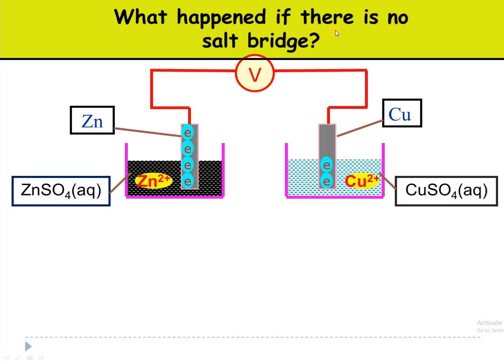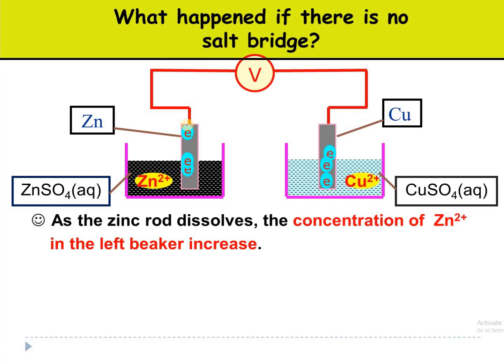What happens if there is no salt bridge in our galvanic cell? Students can see this diagram without a salt bridge. In a galvanic cell, electrons flow from the anode to the cathode. At the anode, the zinc electrode will dissolve to produce zinc 2 plus ions. After some time, the concentration of zinc 2 plus ions in this solution increases.